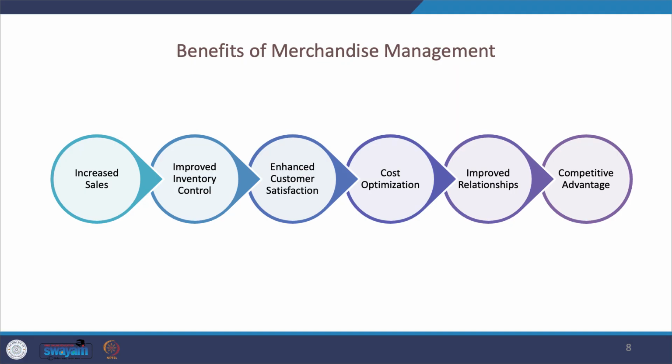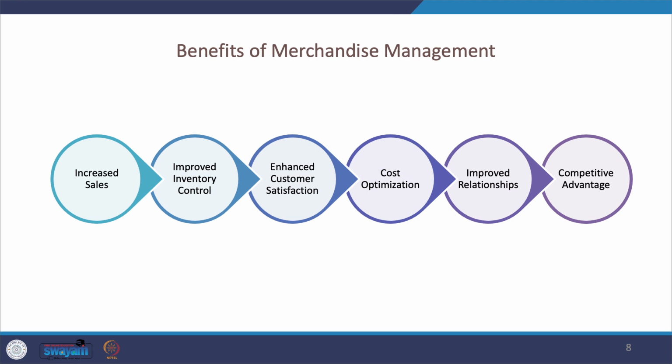And eventually when you have a very robust system of merchandise management, you are definitely going to enjoy a lot of competitive advantages also. Now that may come from increased sales by having an improved inventory control system, or eventually because of the improved customer satisfaction.